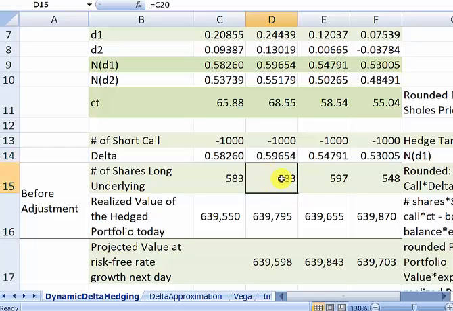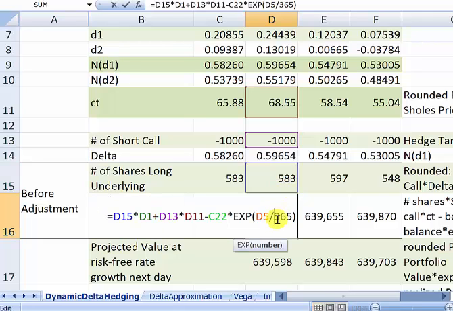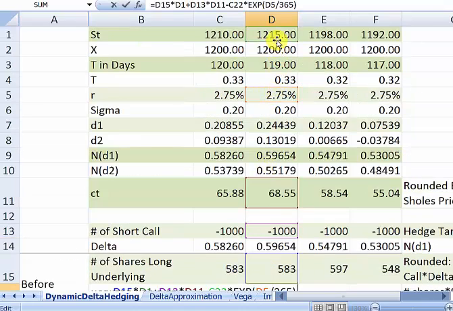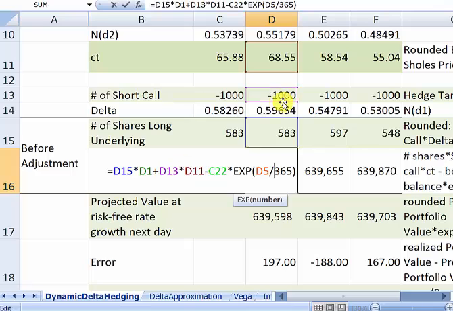We have long 583 shares, and what we are talking about here is 583 times, again, D1, there's the new price, right? And then we shorted 1,000 shares, and there is this new value, right? Increase the liability per call option value, right?